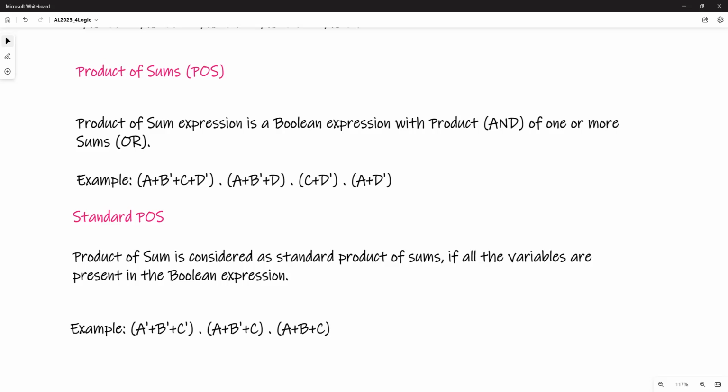Okay, so the next one that we are going to look at, now that we have looked at sum of products and product of sums, is something called min terms and max terms.